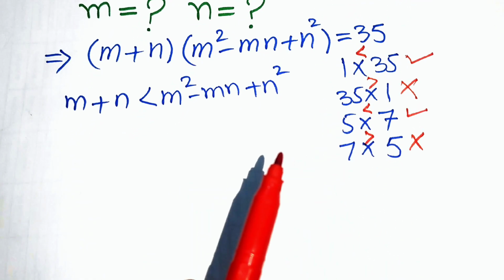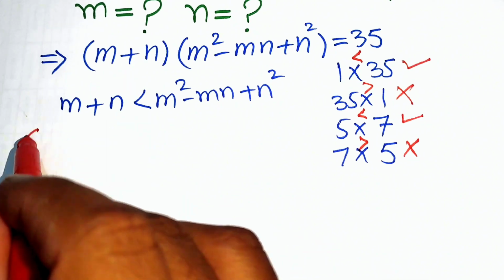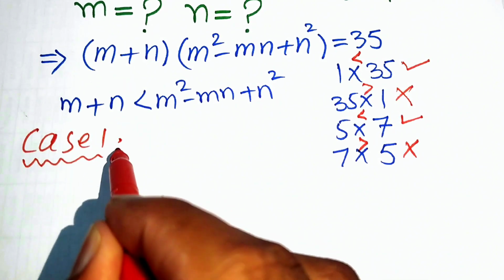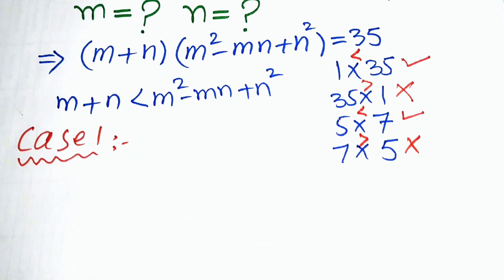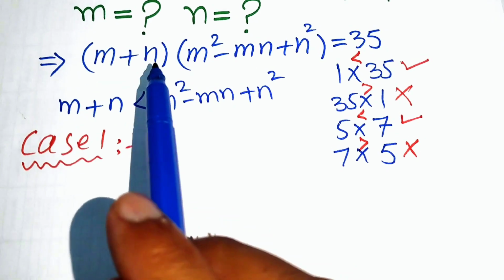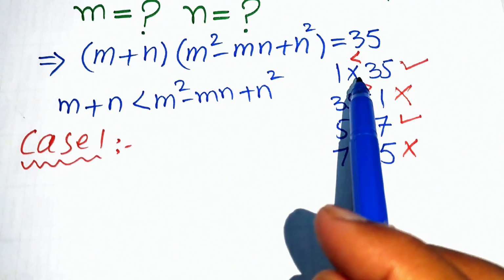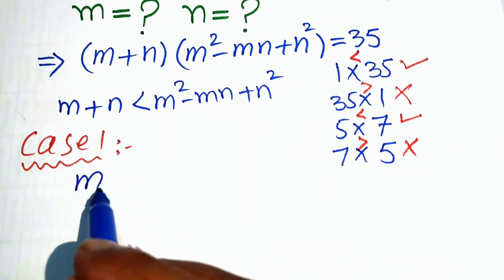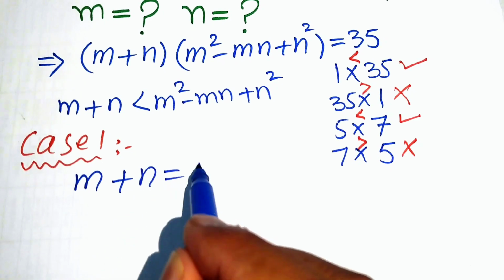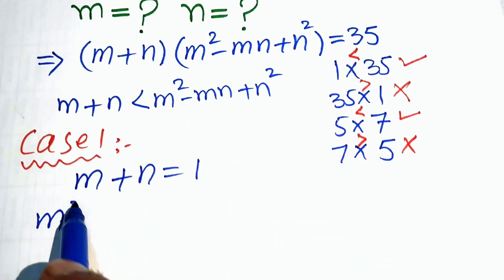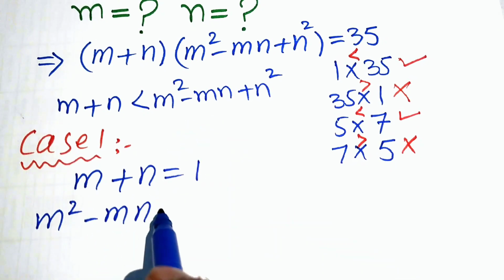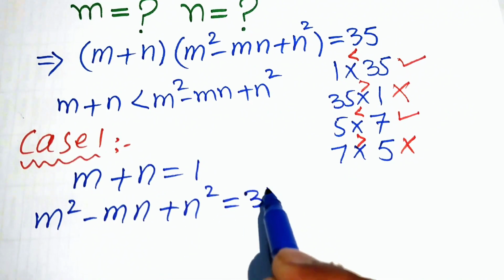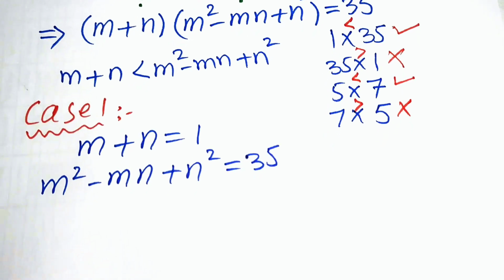Now we convert these into two cases. In case 1 we choose our first possibility and compare the left hand side with this pair, so we easily get m plus n equals 1, and m squared minus m times n plus n squared equals 35. This is our case number 1.